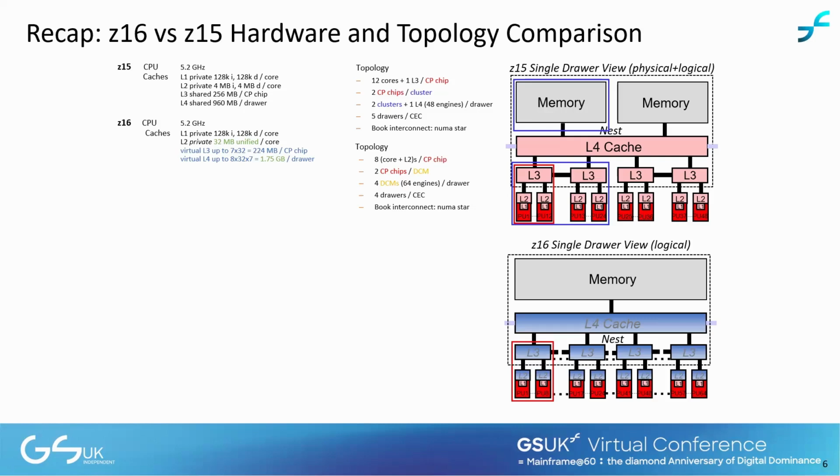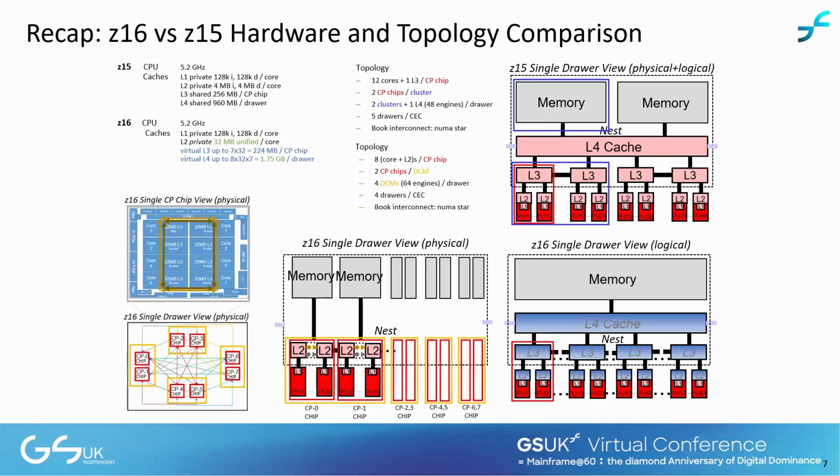Well, logically, conceptually, as a driver of the car, Z16 feels like it's organized the same way. You've got memory, level 4, so many level 3s to the level 4, and so many processors to the level 3. However, physically, it's a different animal altogether.